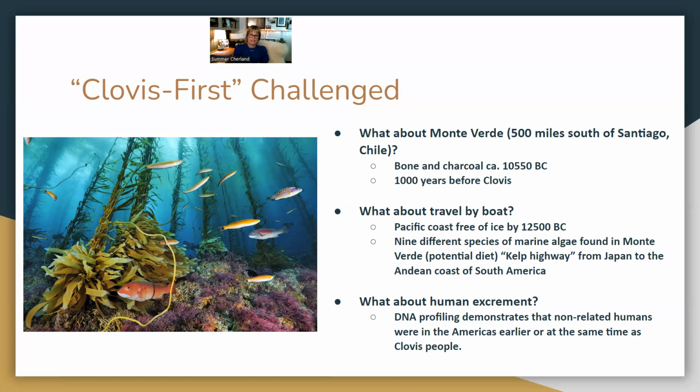And DNA profiling demonstrated that non-related humans, people who were not related to each other at all, were in the Americas earlier or at the same time as the Clovis people. So we know the Clovis people were here around 10,000 BC. And yet we know another group is also here in the Americas around that same time, and maybe even earlier.